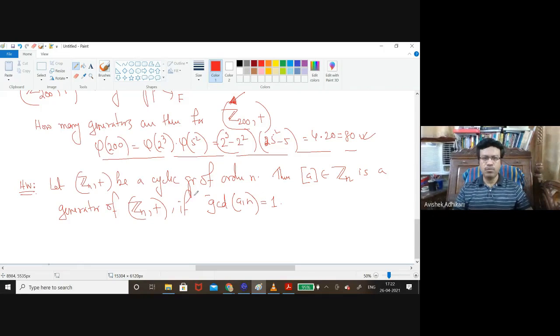So you can put it as if and only if also. If GCD of A and n equals 1, then that will be a generator, and if this is a generator of Zn, then the GCD of A and n will be 1. So that you need to prove from any book, whichever you find. You just have a look at this, and maybe in the next class I will ask you the question in the Viva.